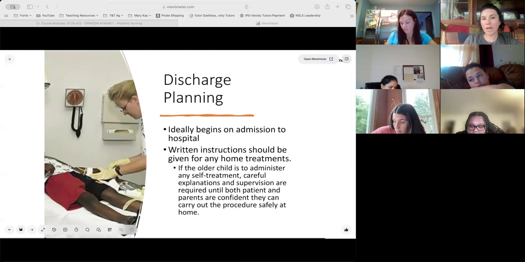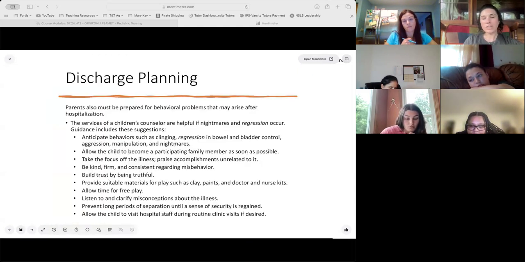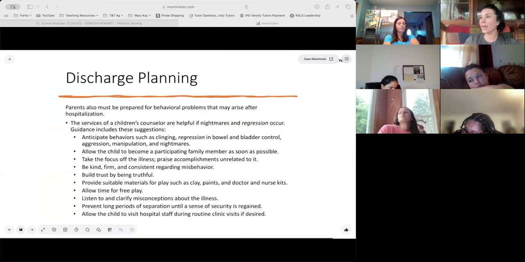Anything that is expected of them at home should be provided in writing so that they can reference it later. We also need to provide some anticipatory guidance, preparing families for behavioral problems that might creep up as this child is reintegrating back into the family, getting back into their normal routine.